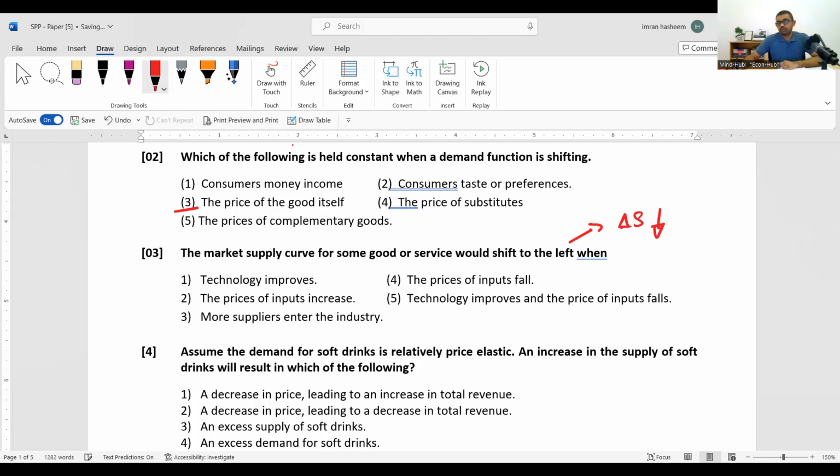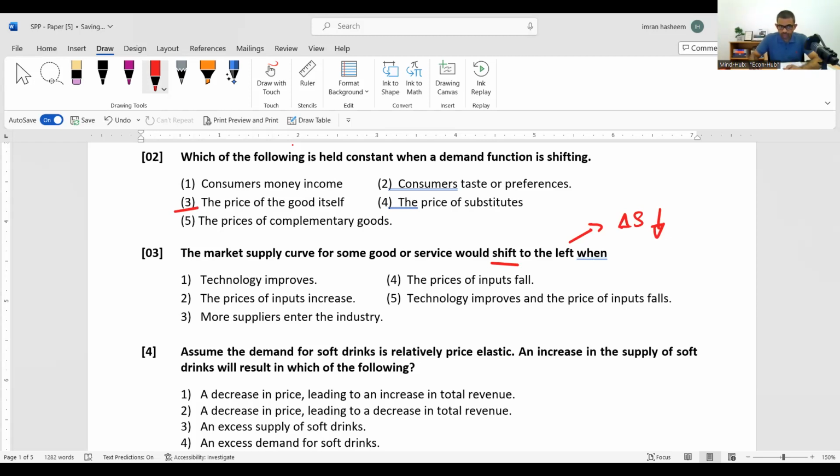So what would cause a decrease in supply? Essentially, other factors have to change. When the price of the product changes, it does not shift the supply curve. So any answer that says the price of the product is incorrect. Good, there are no answers that say the price of the product, so that is completely taken off.